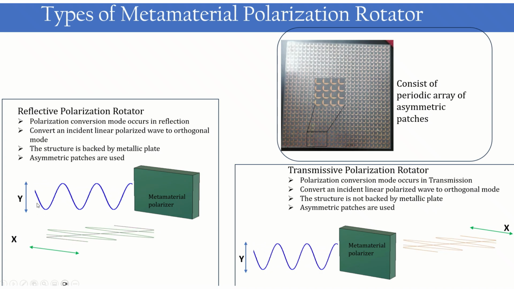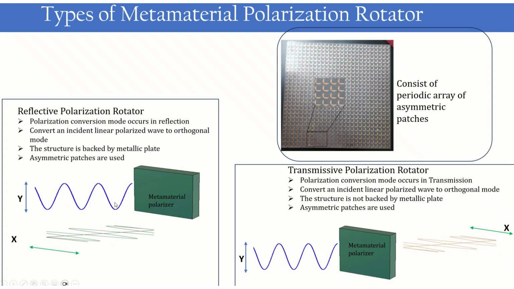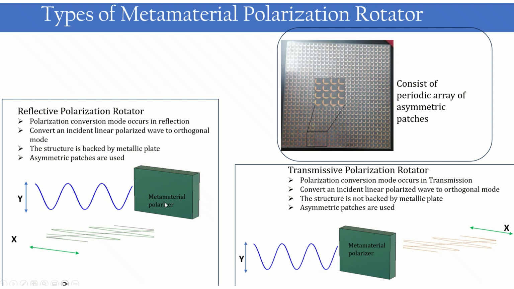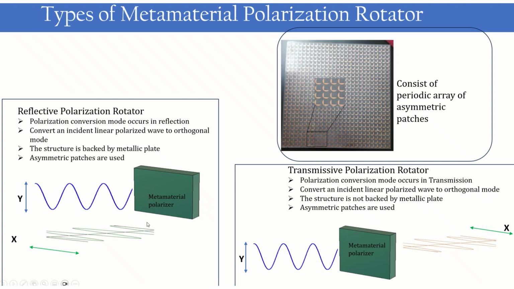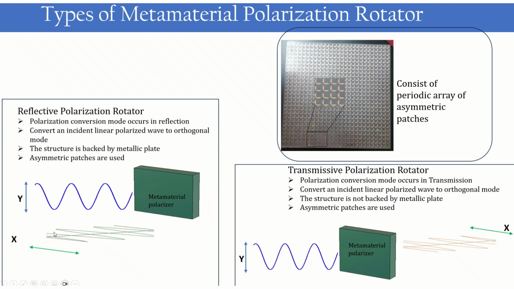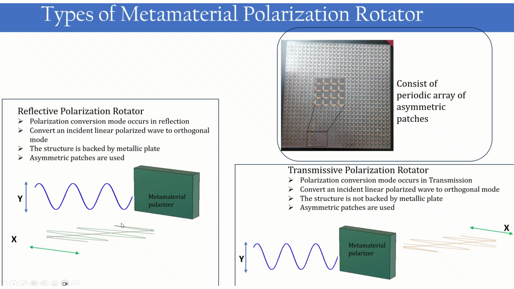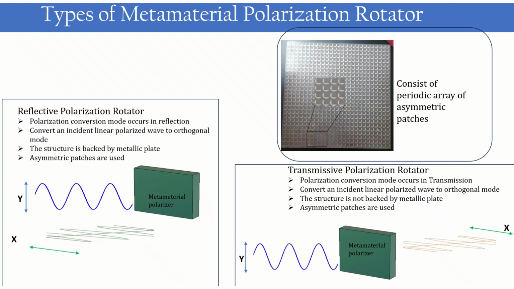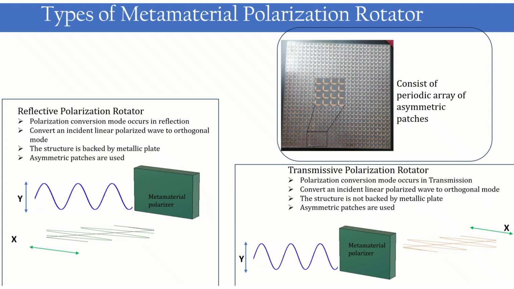If we have a bipolarized wave, that is, a vertically polarized wave incident on this metamaterial polarizer, the reflected wave will be horizontally polarized. That is, it converts one form of wave to the orthogonal polarization.